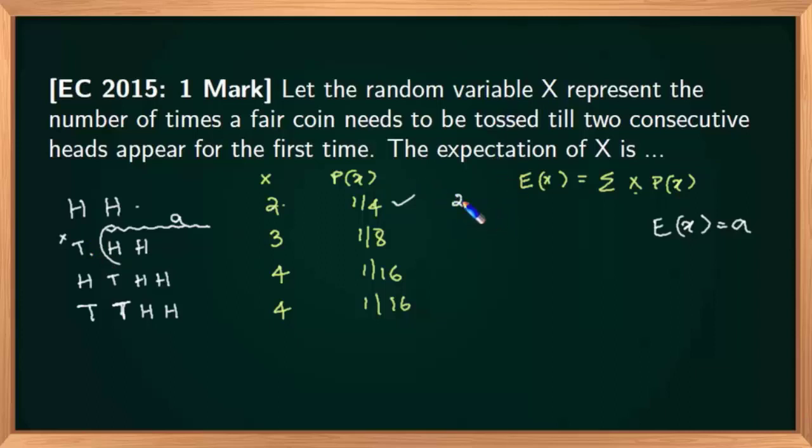This is 2, the length is 2, and the probability for that thing to happen is 1 by 4. Now, when I get the first toss as tail, I know that the probability is 1 by 2, and I know that the length a will be incremented by 1 because I have got t. So with a probability of half, I can say that the expected length will be incremented by 1. Right.